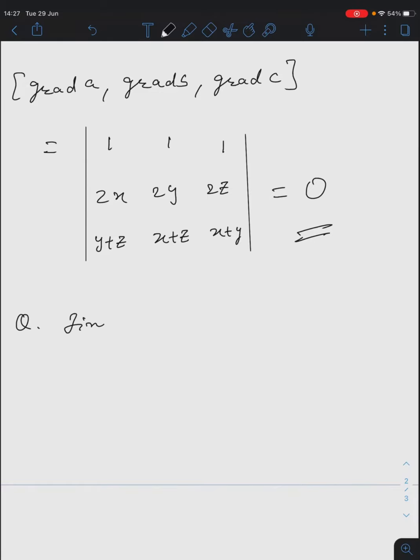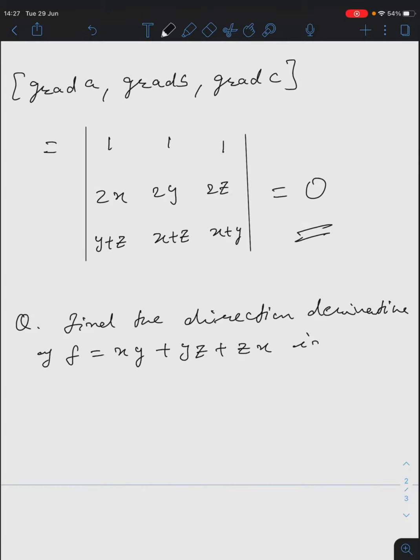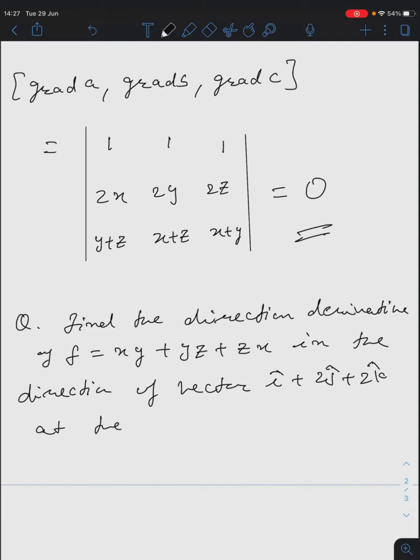So the question will be: find the directional derivative of f is equal to xy plus yz plus zx in the direction of vector i cap plus 2j cap plus 2k cap at the point 1, 2, 0.